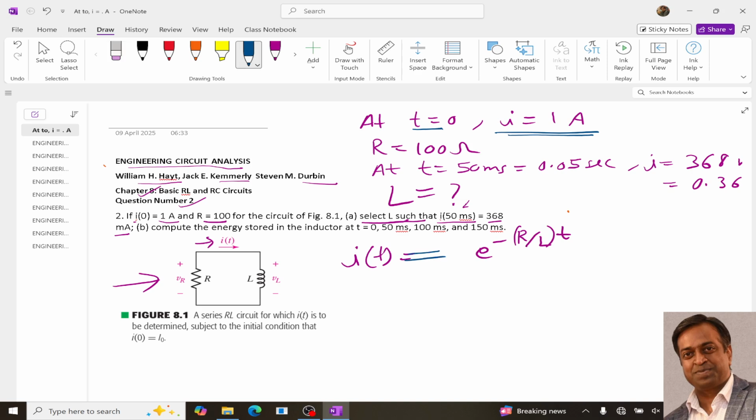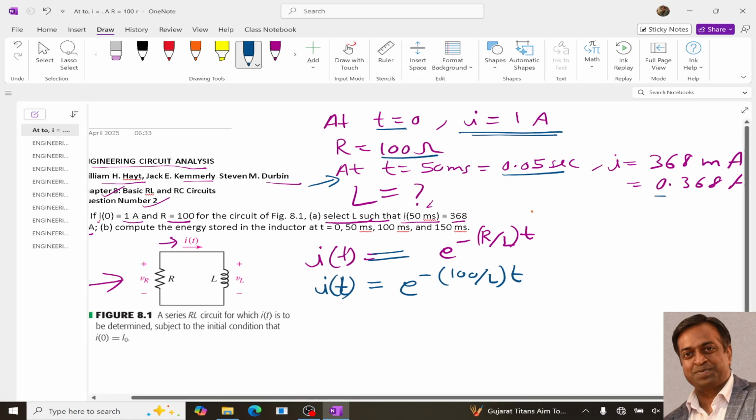Now coming to this part, the only thing we know here is R. So R is 100, and I can write it as e to the power minus 100 by L t. We know that at t equals 0.05 seconds, the current is 0.368 amperes.